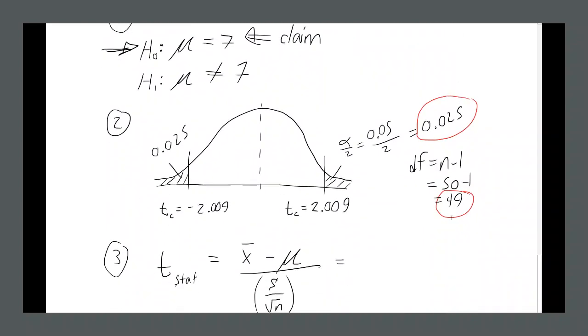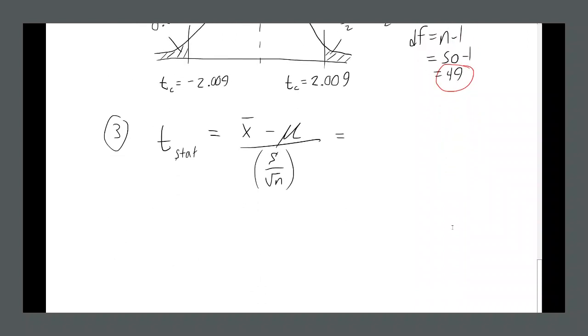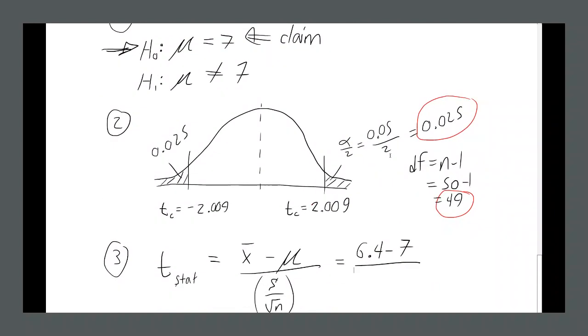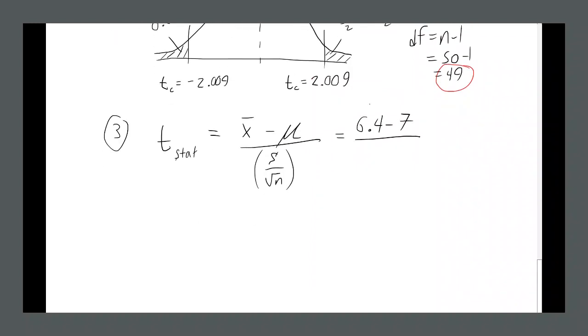That's why we need the null hypothesis to set mu to be equal to something. So we have 6.4 minus 7 on top. And then we have our standard deviation, which was 0.8, and we divide that by the square root of 50. So we just perform that calculation. 6.4 minus 7 gives us negative 0.6.